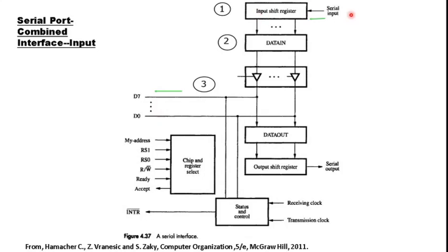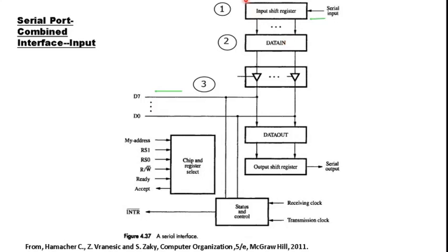At that time the device can put the next sequence of bits into the input shift register and wait for the contents to be cleared. So at a time, 2 words of transmitted data from the device can be held in the interface: one in the input shift register, and the other, the previous word, now shifted to data in.